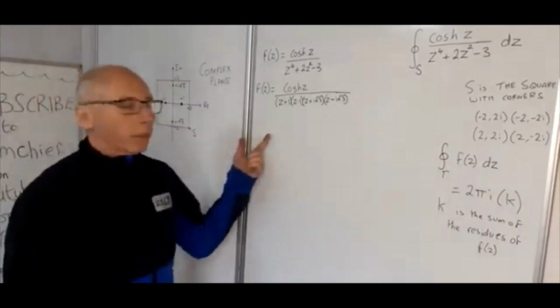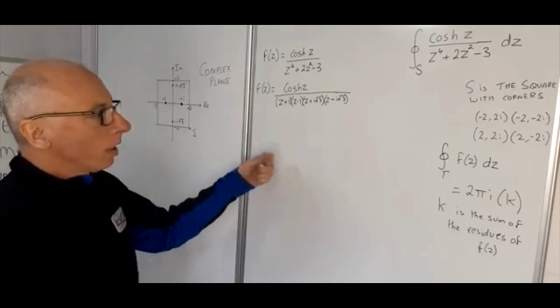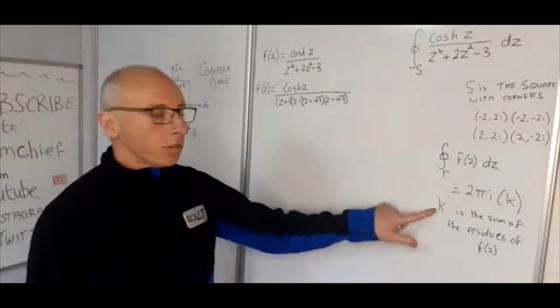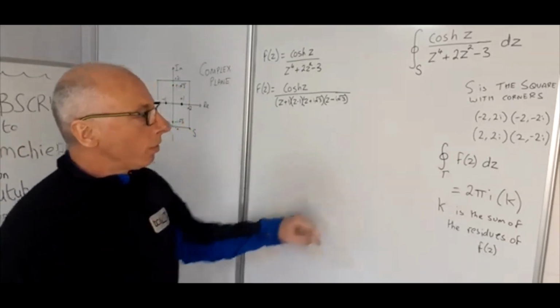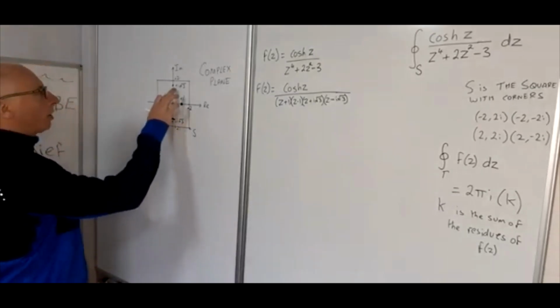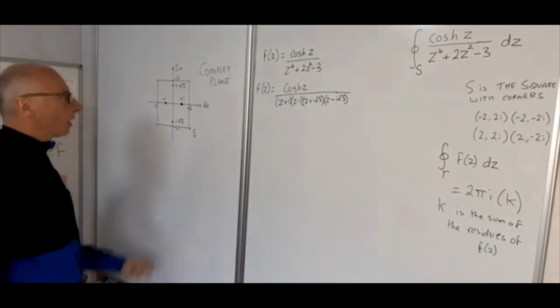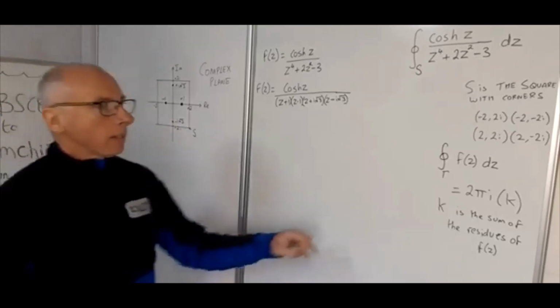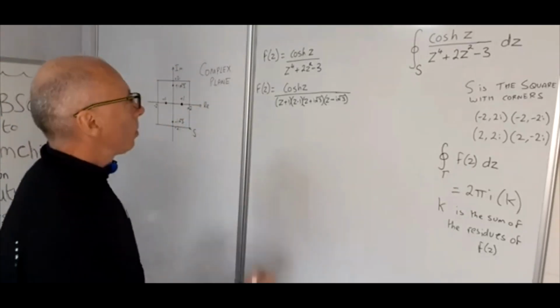Okay, so now we need to go and calculate all the residues. So we can then find our constant k when we found all 4 of the residues. So we've got 1, minus 1, i root 3, minus i root 3, all inside the square. So we're going to need all 4 residues.